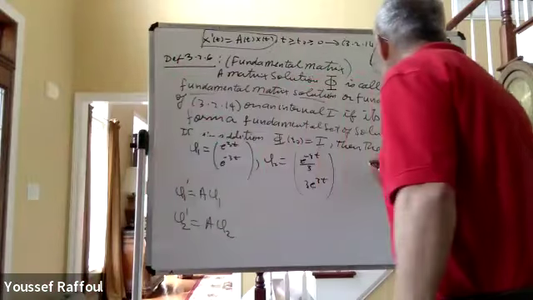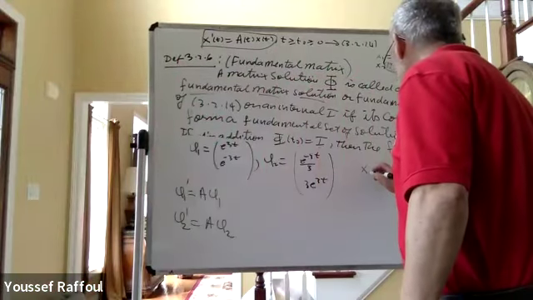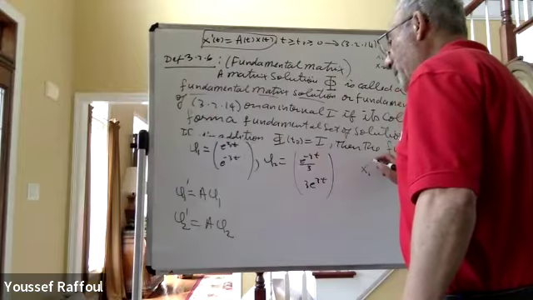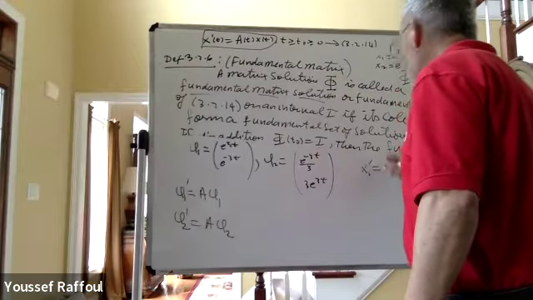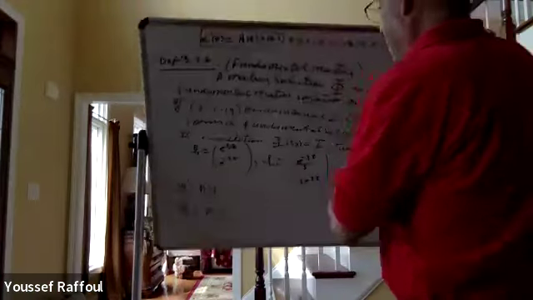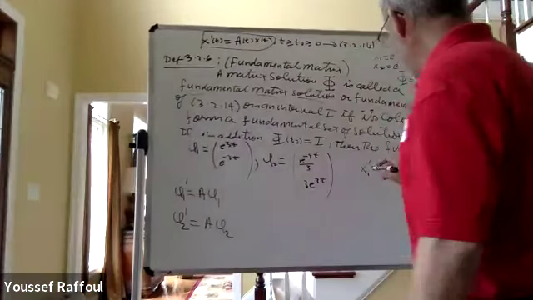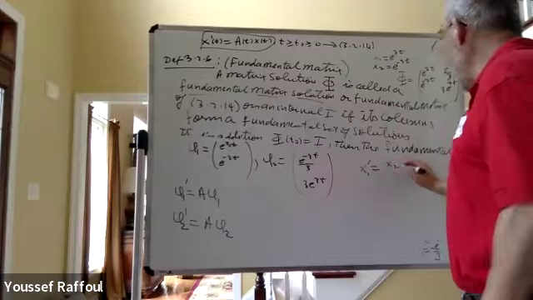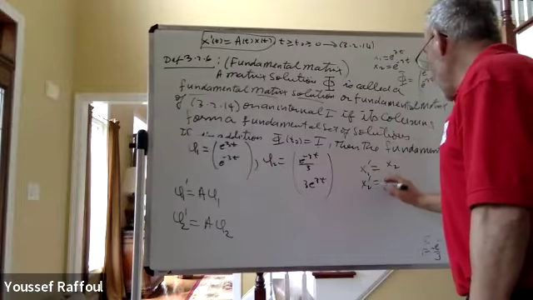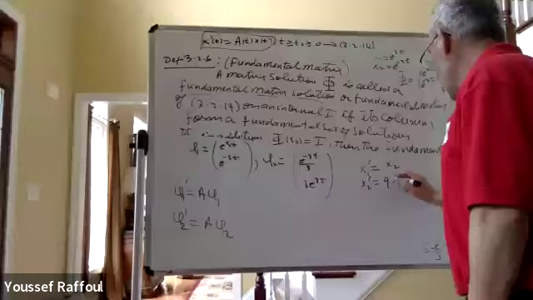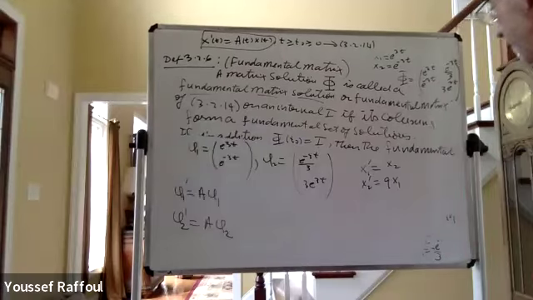And remember, what did we have? x1 prime. Oh, did I erase it? Can somebody read me this? x1 prime was x2. x2 prime was 9 x1, is that right? I believe that.